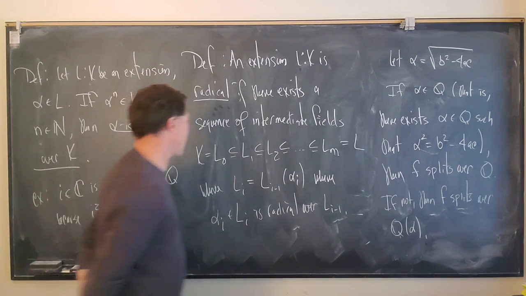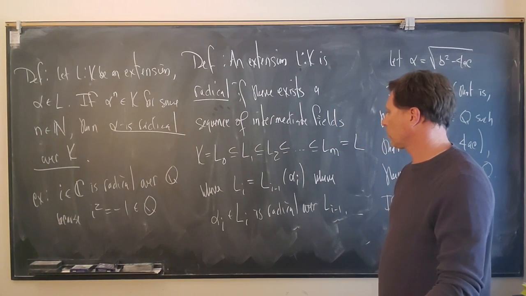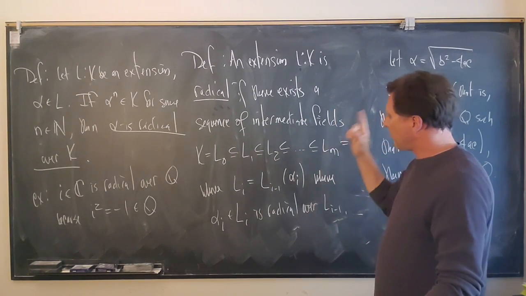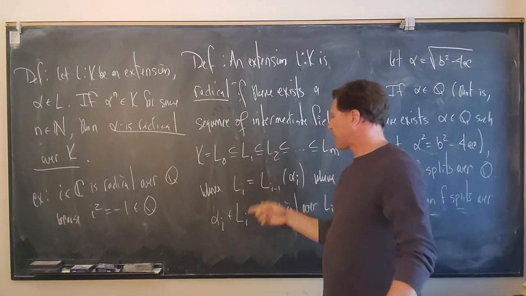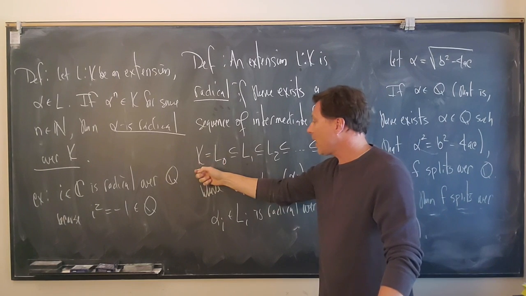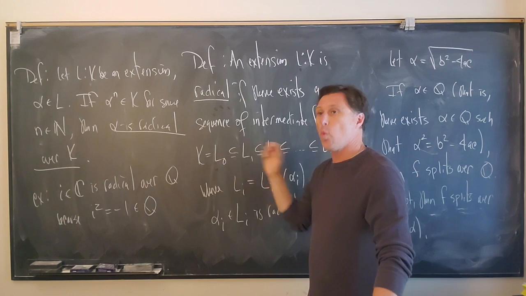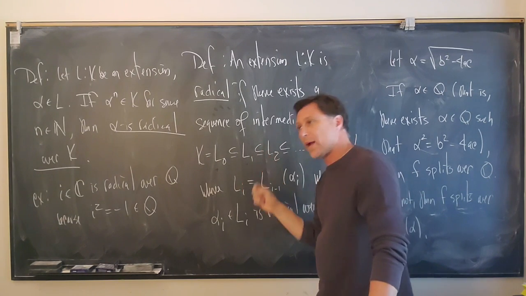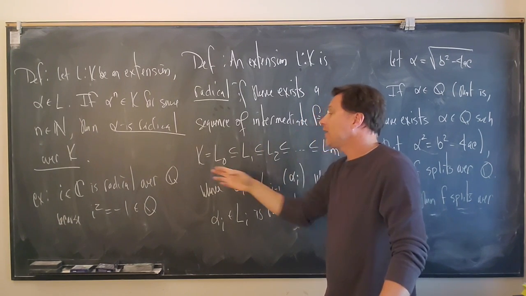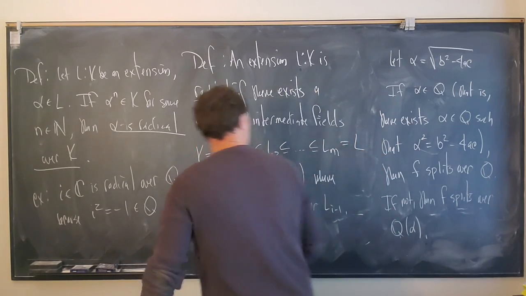Okay, so what are we saying then? Let's just take it step by step. L1 is equal to K adjoin alpha 1, where alpha 1 raised to some power lives in K. So let me draw sort of a picture here.